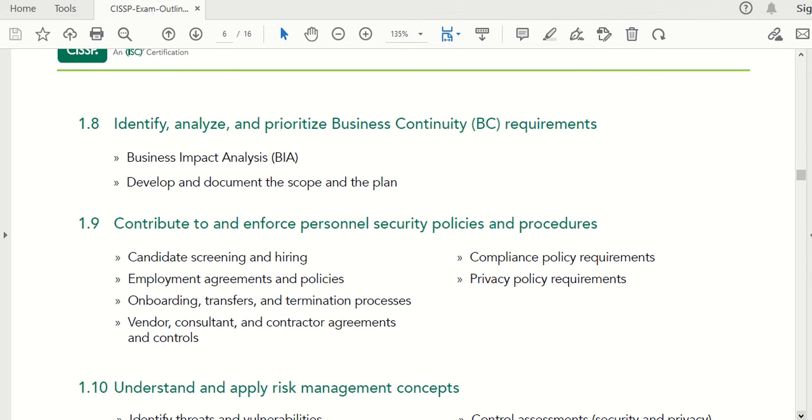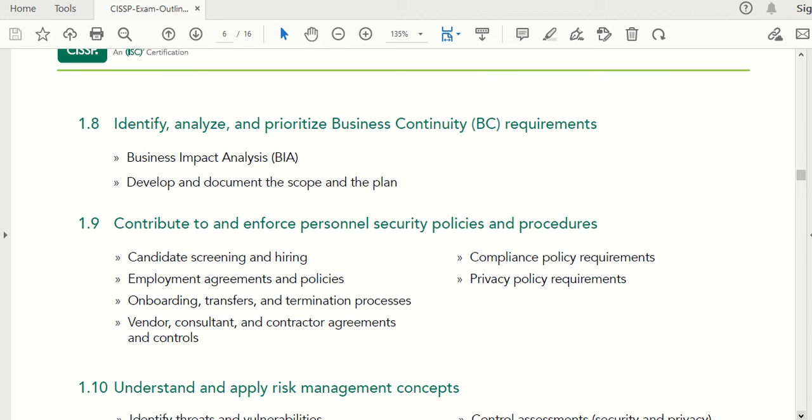Contribute to and enforce personnel security policies and procedures, like candidate screening and hiring, employment agreements and policies, onboarding, transfer and termination processes, and vendor, consultant, and contractor agreements and controls. These are third-party controls we need to look at.